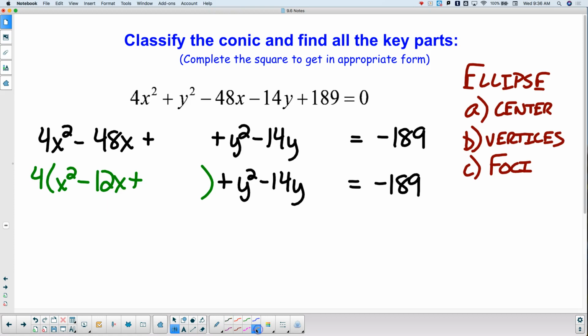Let's deal with the x's first. What's my b value for the x's? So that divided by 2. -6. That squared.